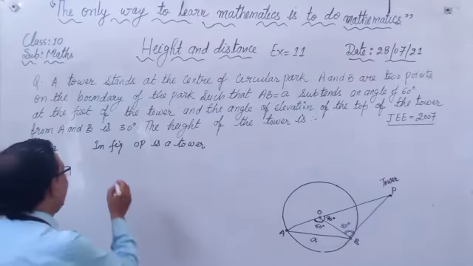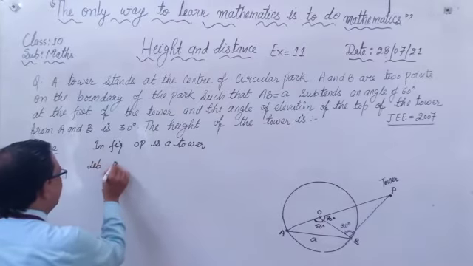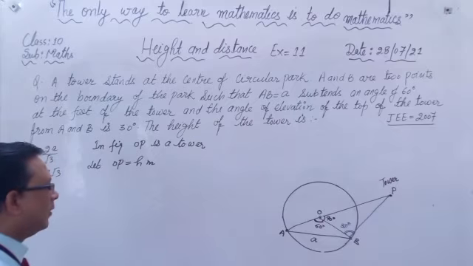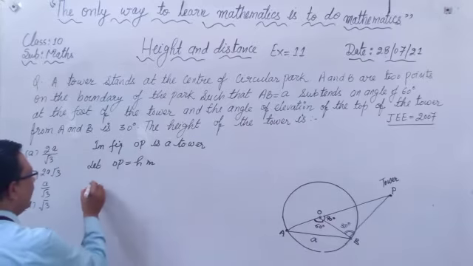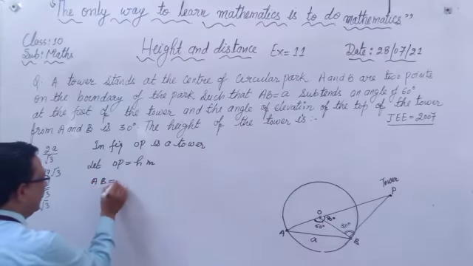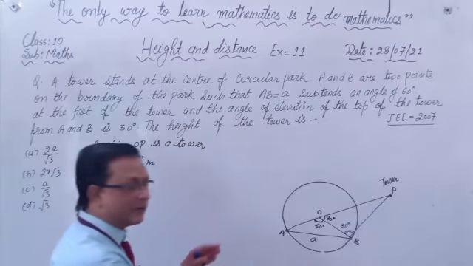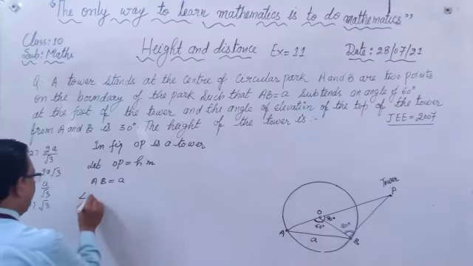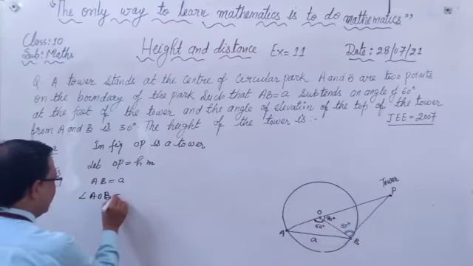Let OP is equal to h meters, and AB is equal to a is given. ये डिस्टेंस आपको गिवन है and angle AOB is also given, 60 degrees.